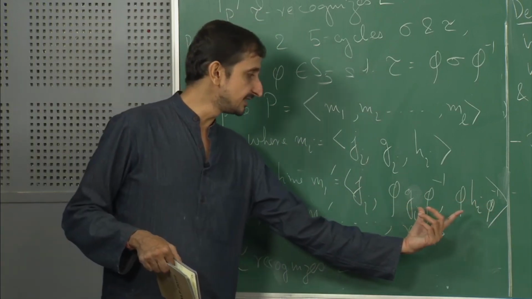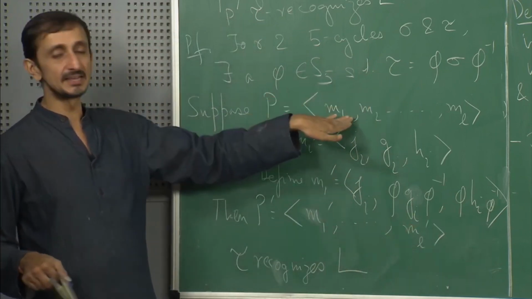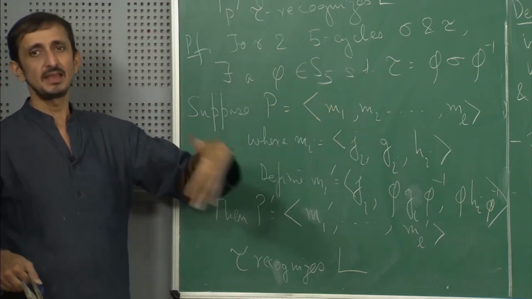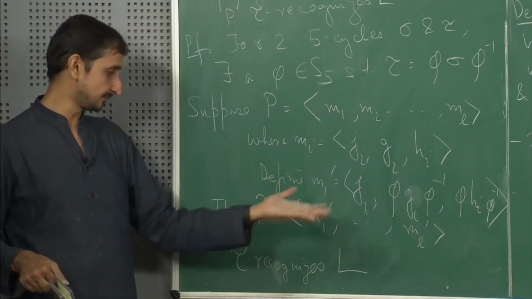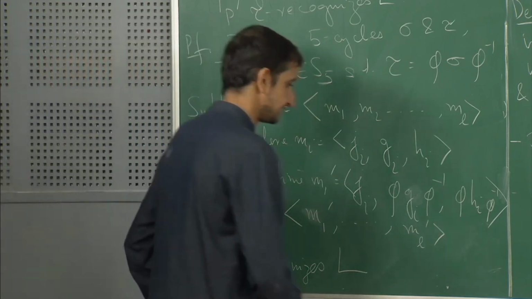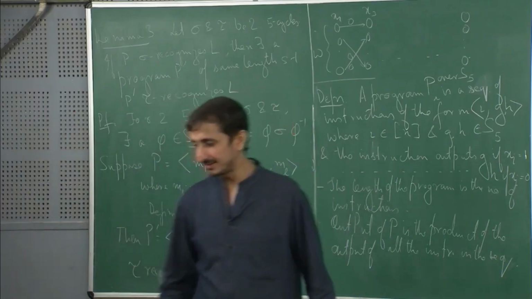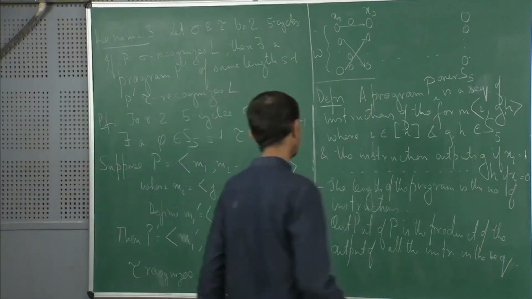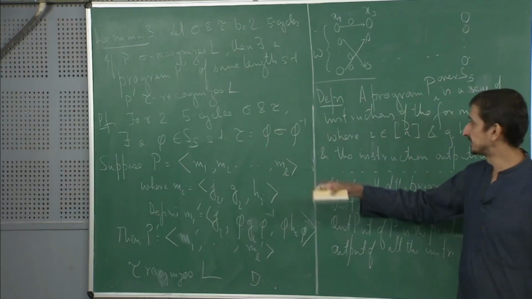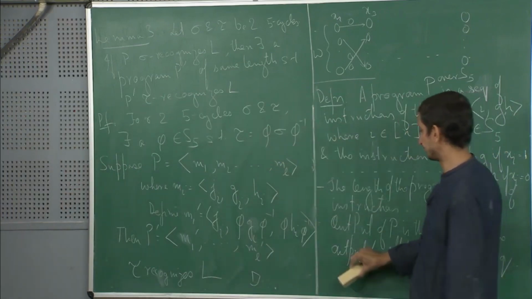Now, the product of all these Gi and Hi, we know that for us it is sigma if x is accepted, and it is identity if x is not accepted, and that is exactly equal to tau. So, very simple. Again, this is a very standard group theoretic application of this result.